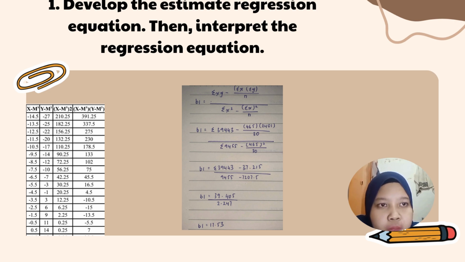Then B1 equal 38443 minus 37.215 over 8455 minus 7207.5.